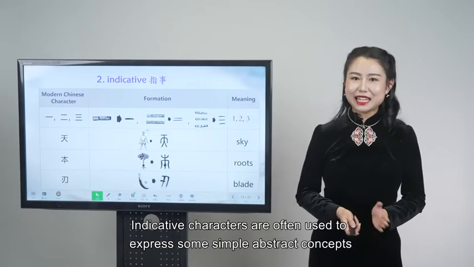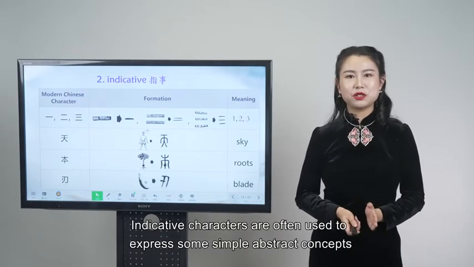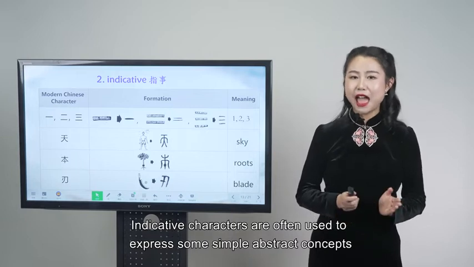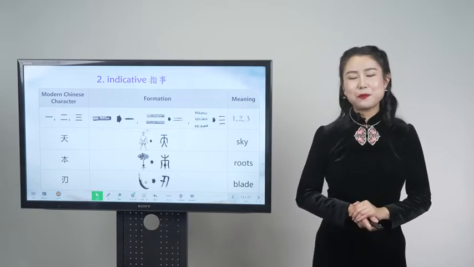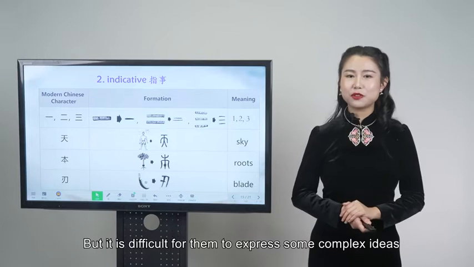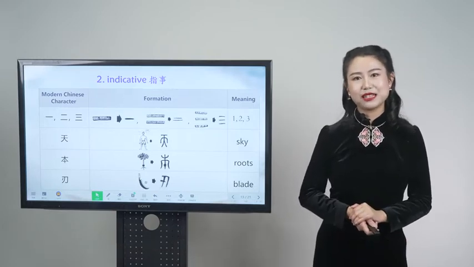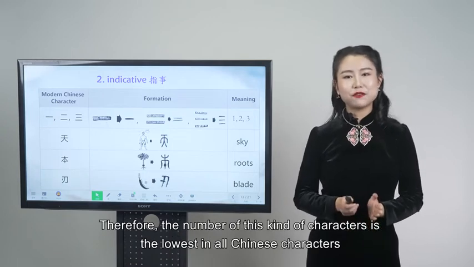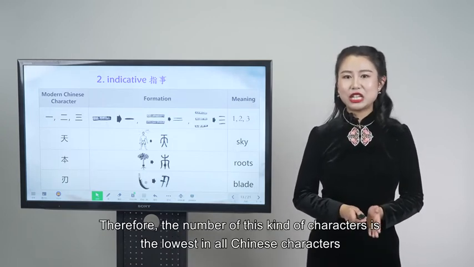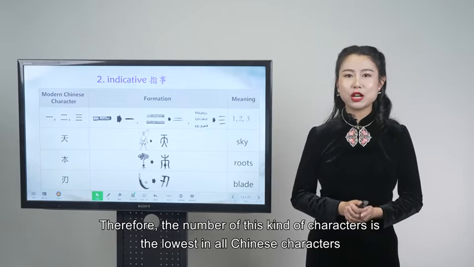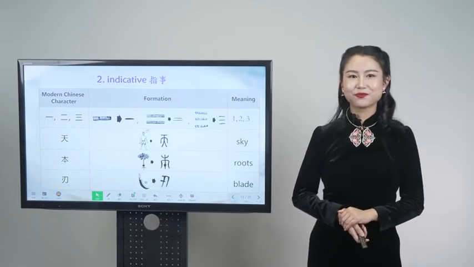So, indicative characters are often used to express some simple, abstract concepts, but it is difficult for them to express some complex ideas. Therefore, the number of this kind of character is the lowest in all Chinese characters.